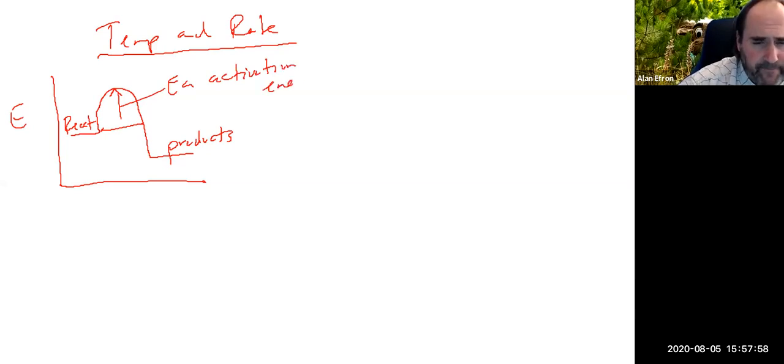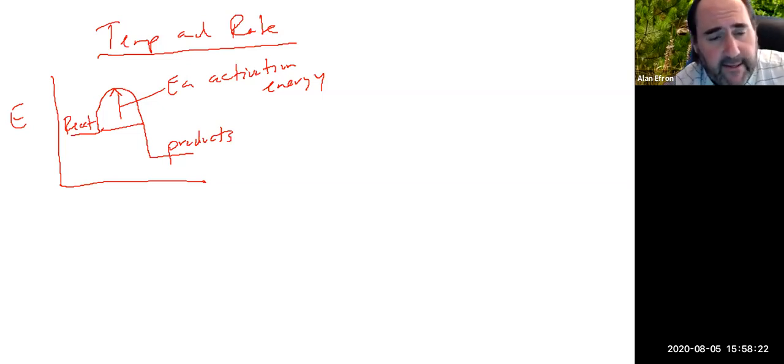And our activation energy is sort of that energy barrier as they go from one side to the next. And obviously, the size of it will have a particular effect on how fast a reaction will occur. If it's really large, then usually the rate will be relatively slow. If it's a smaller hill, then the rate could be relatively fast.